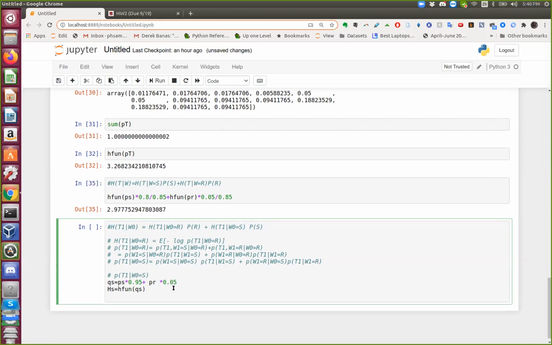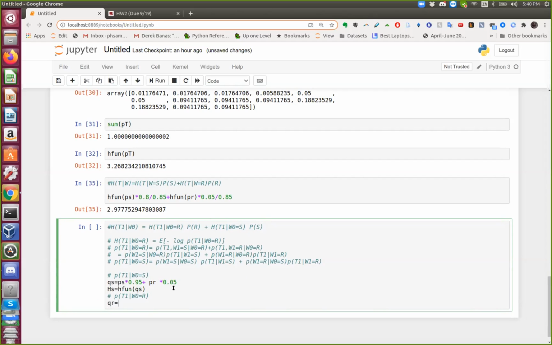Okay. Then I deal with this guy, in a similar token. I call it QR, maybe, which is PS times the probability of transition from rainy to sunny, that probability is 0.08, right?